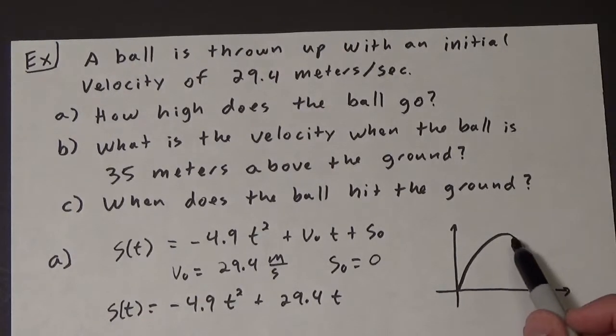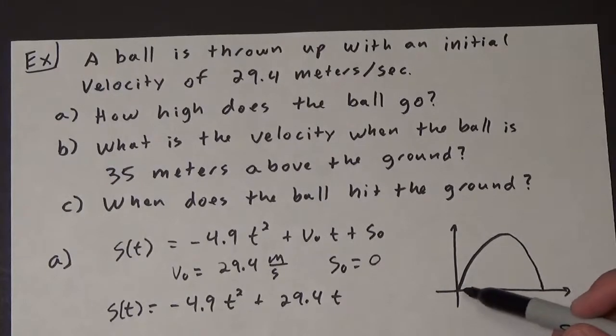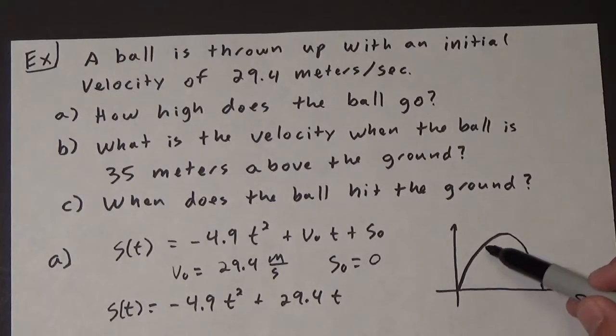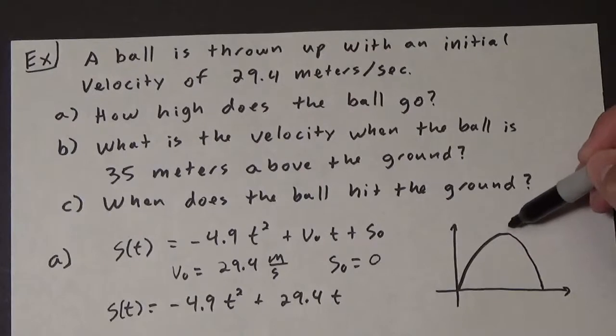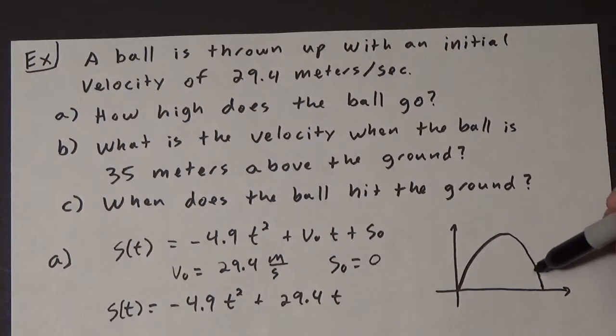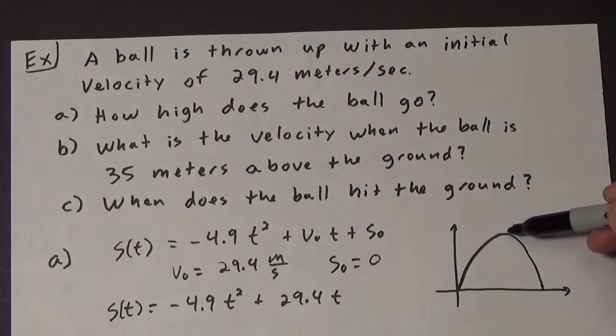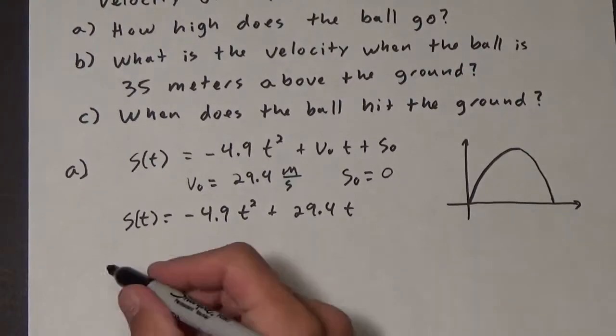The max height occurs, well, as the ball's going up, it starts slowing down, and at some point, the ball actually has to stop. And granted, it's probably for just a split moment, but it has to stop before it goes the opposite direction. So the ball reaches its max height when the velocity is 0. So let's write that down.